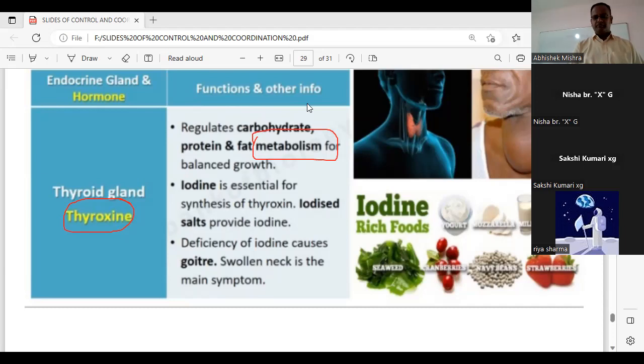Okay, Ria, unmute yourself. Yes, sir. What is metabolism, Ria? Sir, it is a chemical process in plants and animals that changes food into energy.